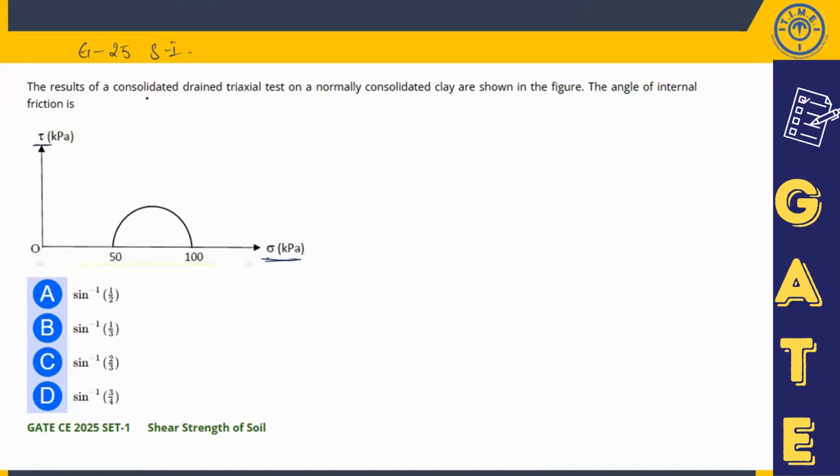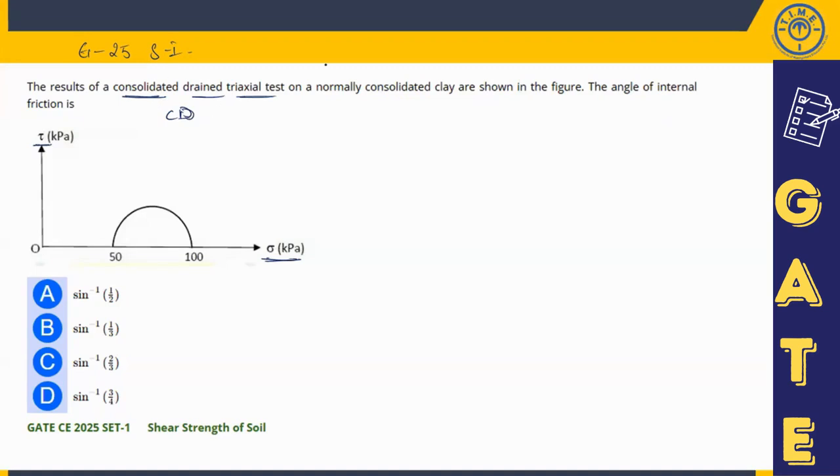The graph is plotted. The results of a consolidated drained triaxial test, CD, where the soil is consolidated and drainage is allowed on both sides, on normally consolidated clay are shown. The angle of internal friction is the question.